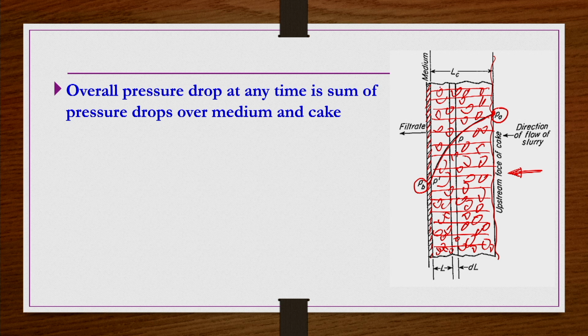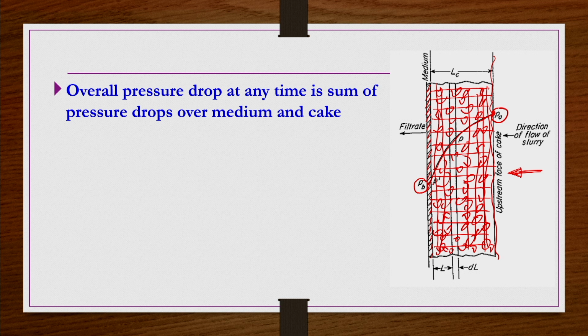If you divide this cake into n number of layers, each layer is going to have different properties in general, but we try to avoid such complications. That is one reason.